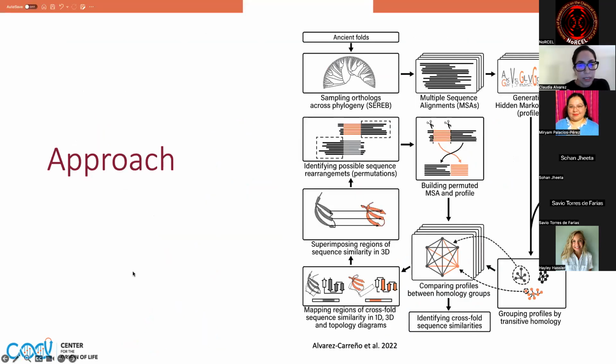So this is what we did. And this schema has the idea of what we are going to be looking for.